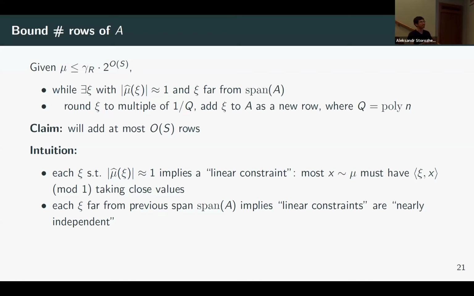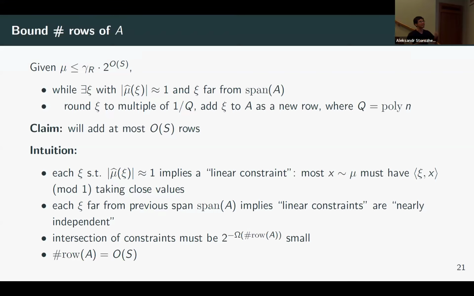So if we have some number of rows, then the intersection must be exponentially small in the number of rows. But if we start with a discrete Gaussian and impose that many different constraints, eventually, if we impose too many constraints, then it cannot be pointwise bounded by that. So the number of rows has to be bounded. This is the intuition.